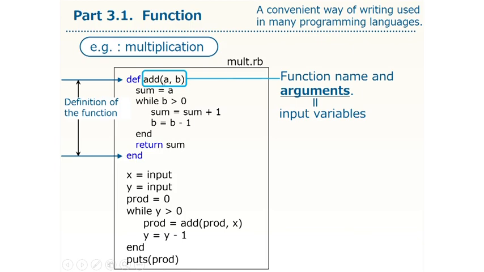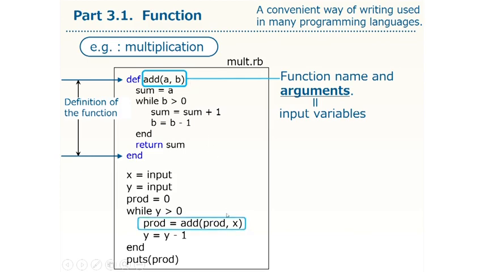Next to it, a, b, which are arguments. To put it simply, the arguments are regarded as input variables. That is, when the function is called, the actual values will be passed to the variables stated here. In this case, a and b receive numbers.